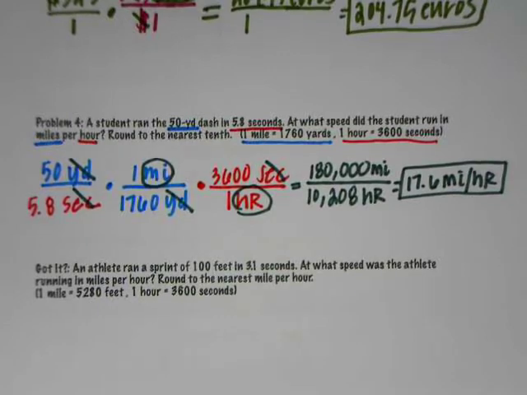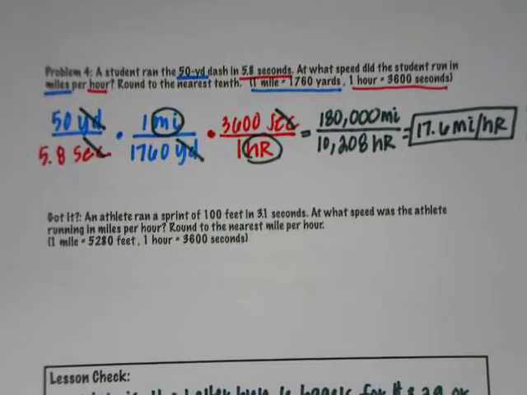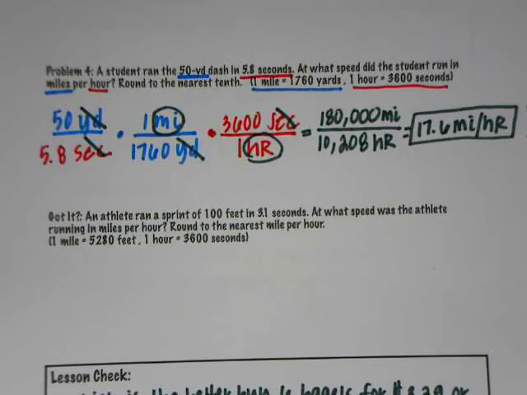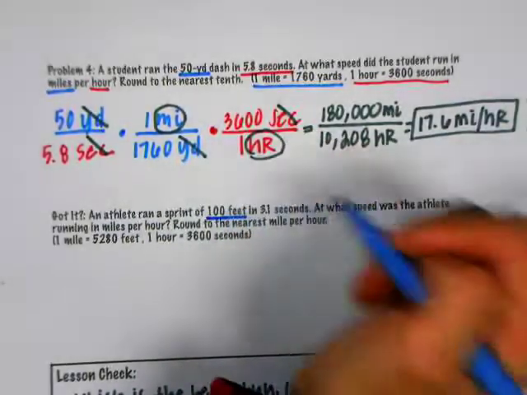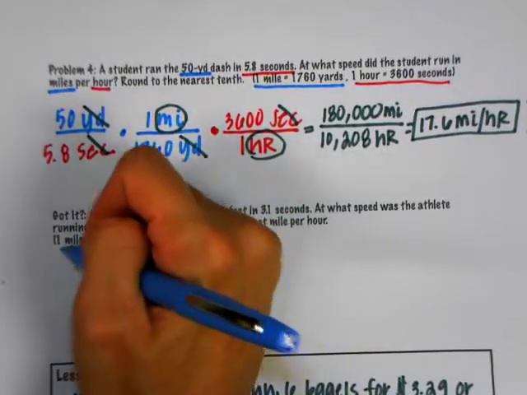All right, ready? All right, an athlete ran a sprint of 100 feet in 3.1 seconds. At what speed was the athlete running in miles per hour? Round to the nearest mile per hour. Okay, so first we have to convert feet over to what? Miles, yeah.